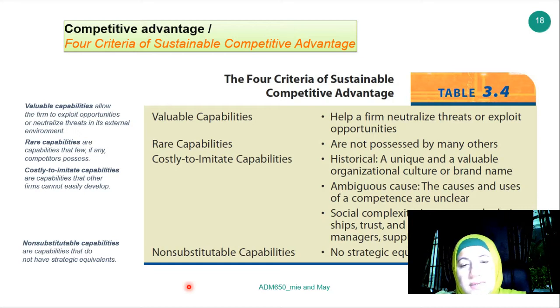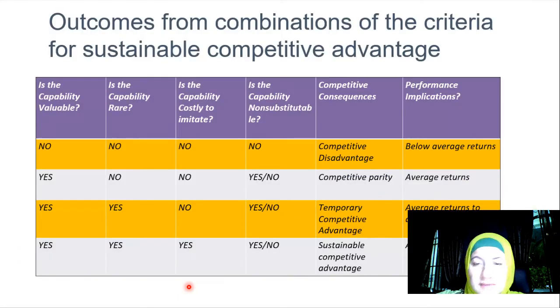Okay, next one is non-substitutable capabilities. These are capabilities that do not have strategic equivalence. I don't have an example of this. So with that knowledge, how does that tool help you to determine what components can sustain your competitive advantage?